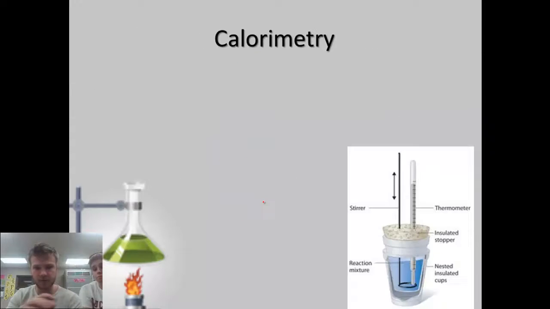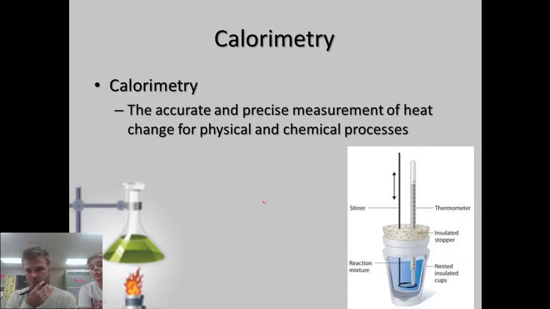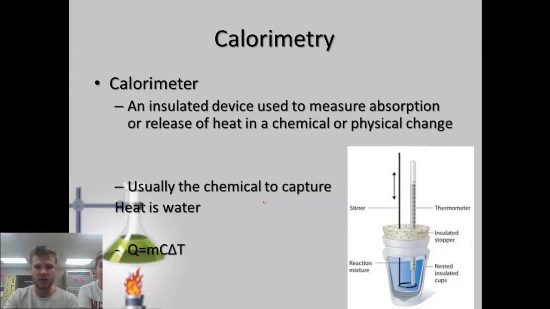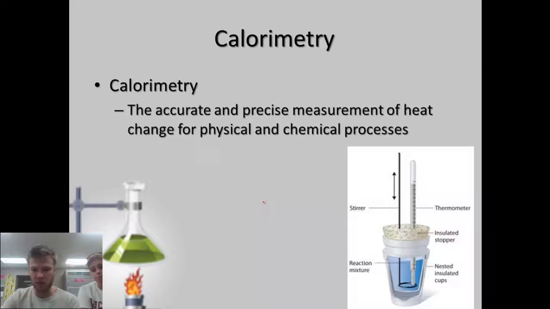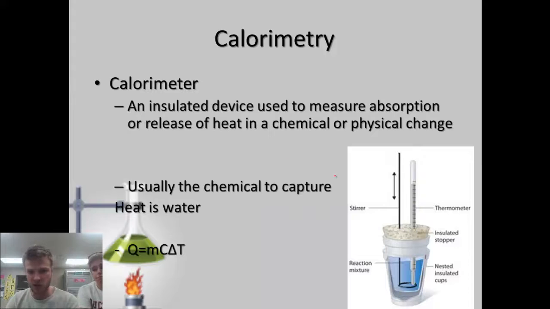A review. So what is calorimetry? We already said that calorimetry was the measure of heat, but more specifically, it is the accurate and precise measurement of heat change for physical and chemical processes. What chemists and scientists use most of the time is some sort of cup, and on the outside of the cup they've got water.